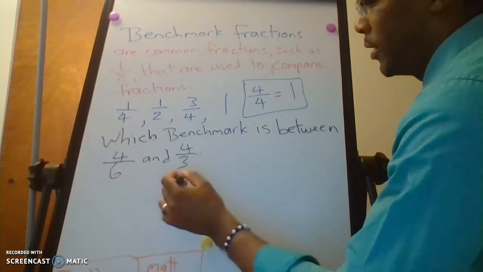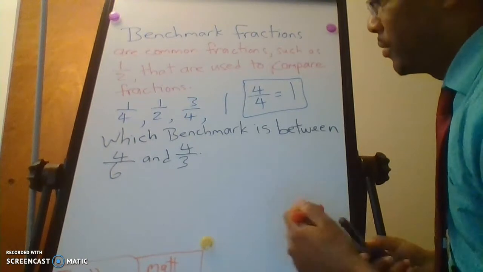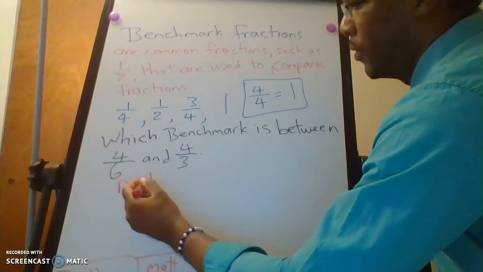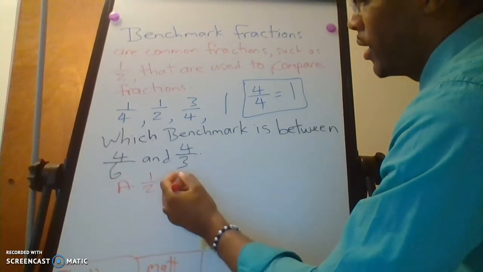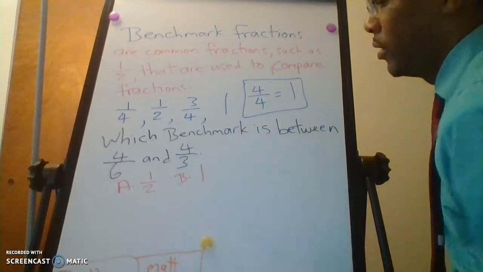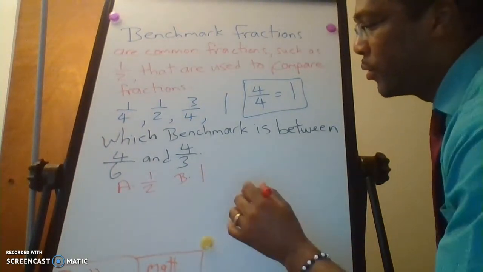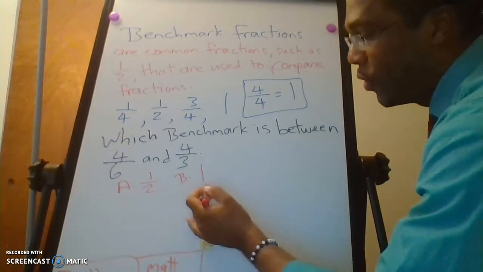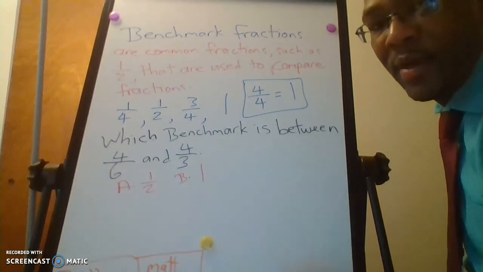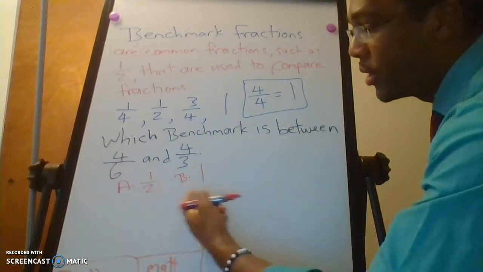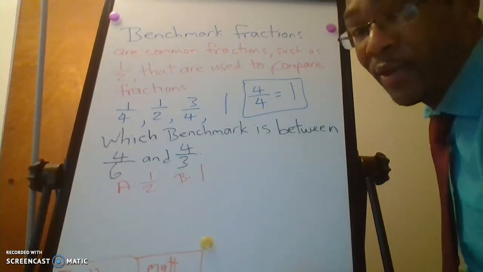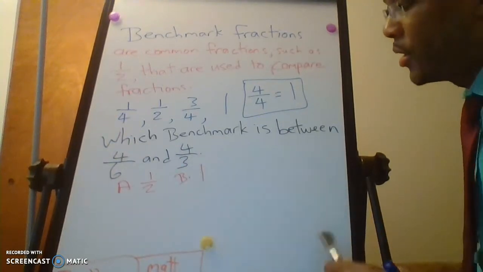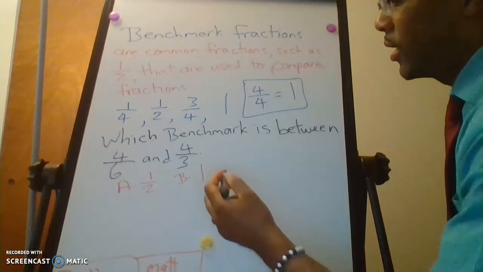And I gave you two options: A, 1/2, and B, 1. A lot of people will put in a fraction for 1, which is okay. But if you are given the option A and B, a half and 1, just follow the instructions. If you had a question which was not multiple choice and you gave me the answer as 4/4 or 45/45, that's fine. But since I gave you the option here, choose one of the options that I gave you.